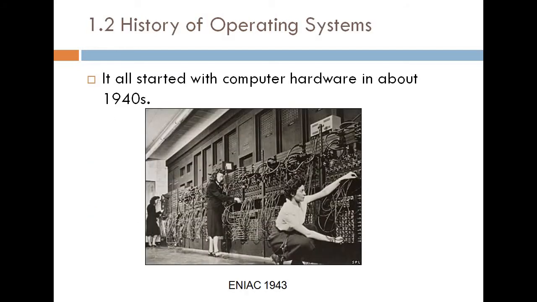Now come to the history of the operating system. It all starts with computer hardware in about 1940, with ENIAC, the first computer system, in 1943.